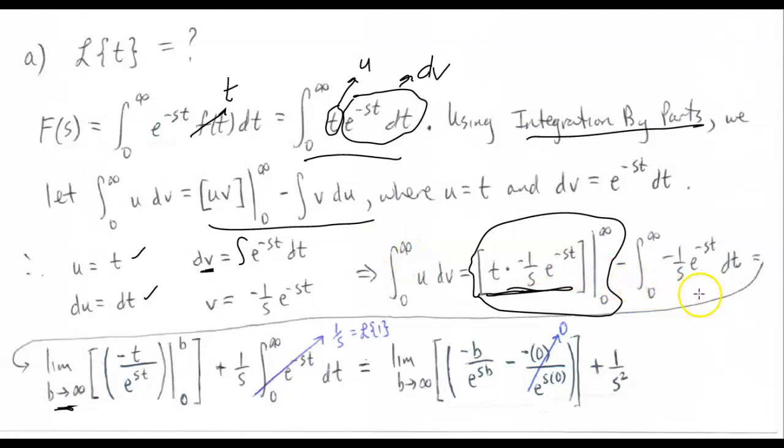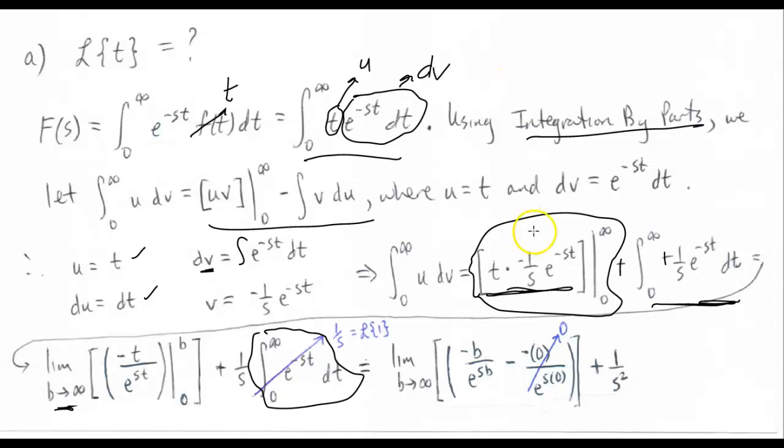For this second term here, I just notice that once I do this and combine that to be plus, and I factor out that constant of 1 over s, that this is the same thing that we got earlier. We know that the integral from 0 to infinity of e raised to the minus st dt is just the same as 1 over s, or the Laplace transform of 1.